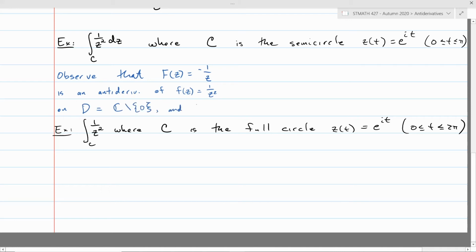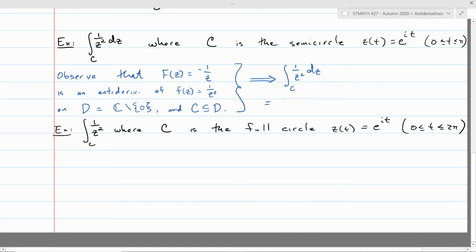And also our contour C, which is the top half of the circle, is contained in that domain. Well, the fact that we have an antiderivative for the integrand on a domain and the arc that we're integrating along is contained in that domain tells us that our integral can be evaluated just by doing that sort of fundamental theorem of calculus-like formula.